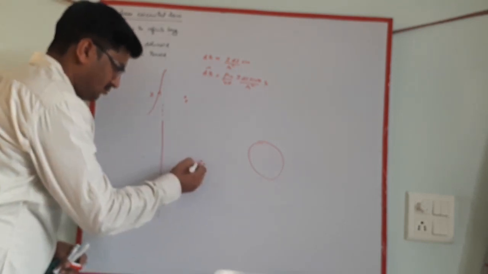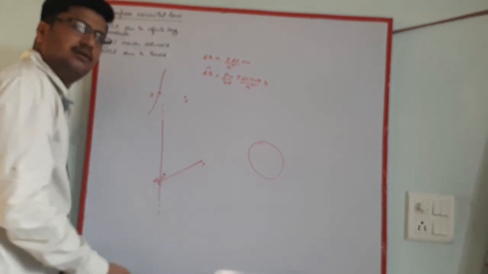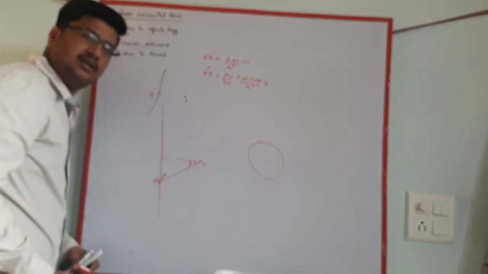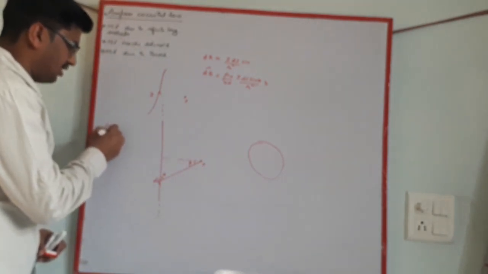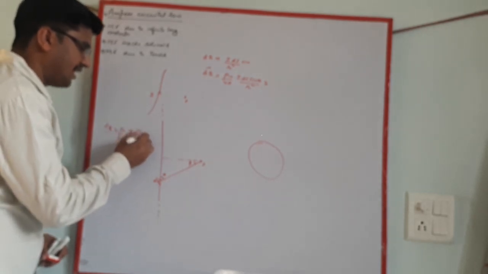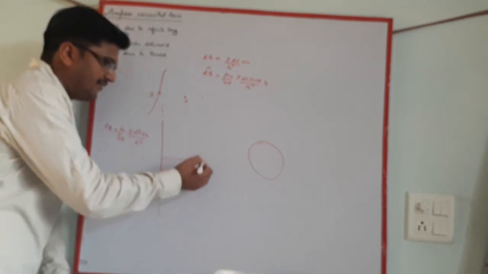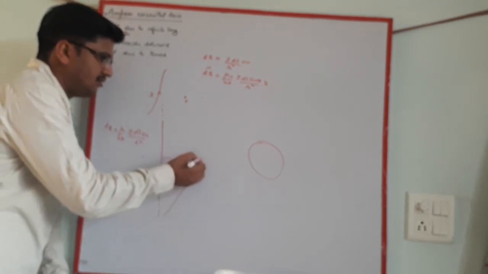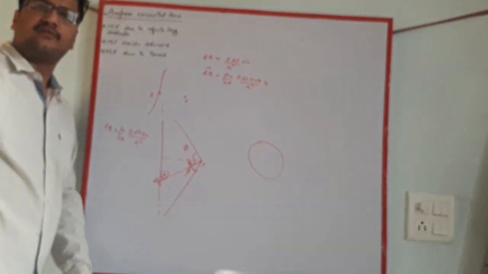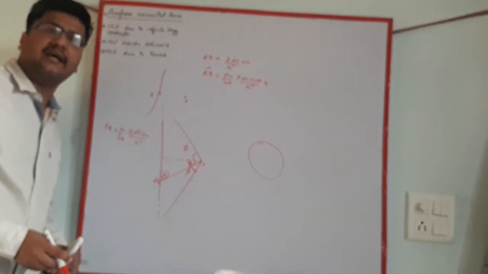That means we have to consider a length element dl making angle theta, then we have to assume this angle phi, then first dB is equal to mu naught upon 4 pi I dl sin theta by r square, then we convert this theta in terms of phi and then we integrate with the limits phi 1 and phi 2. This calculation work becomes very lengthy and complicated.